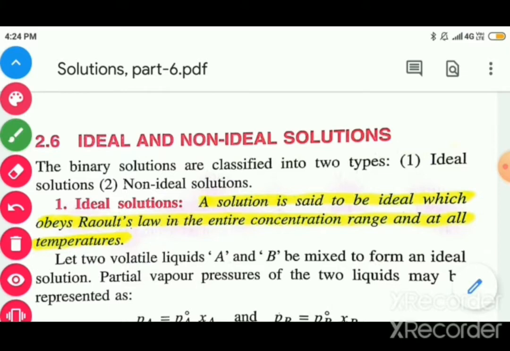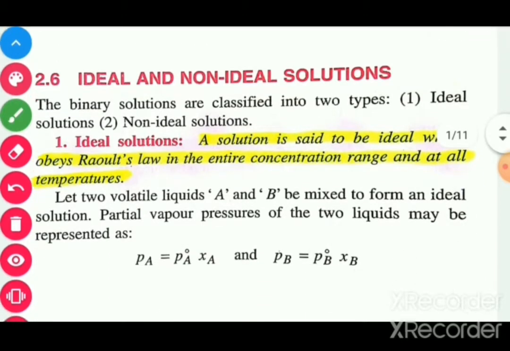For the ideal solution, as you know, the partial pressure of component A, which is volatile in nature, is equal to P naught A into XA. Similarly, the partial pressure of component B in the solution is equal to P naught B into XB.